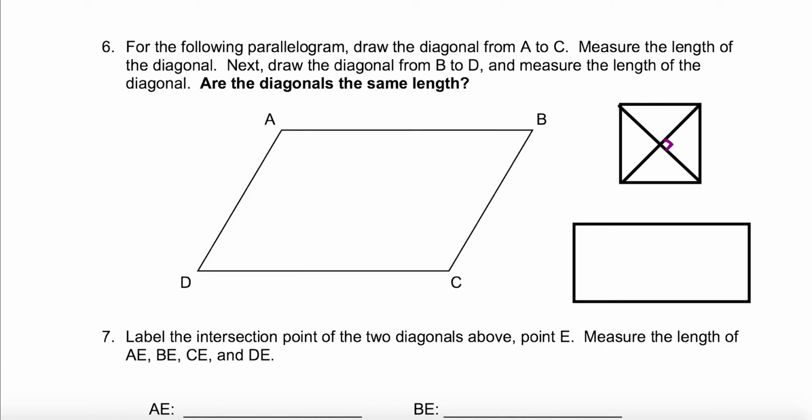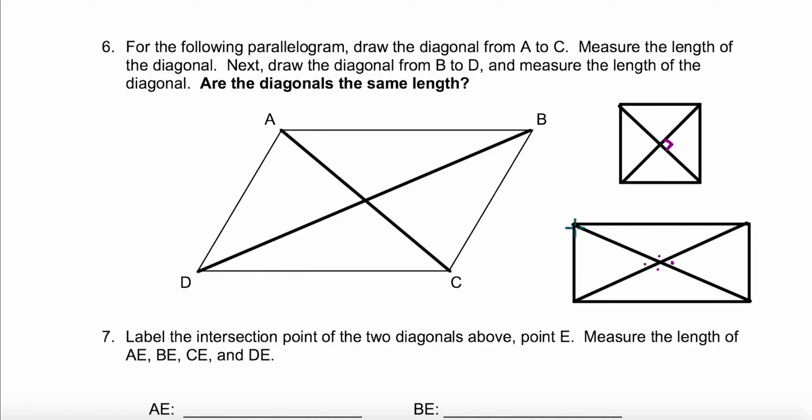We could also look at the diagonals of a rectangle and imagine that if I drew diagonals across a rectangle, those would be the same length. But it's not necessarily true that we have 90-degree angles in the center. So if it was a rectangle, the diagonals are the same length.